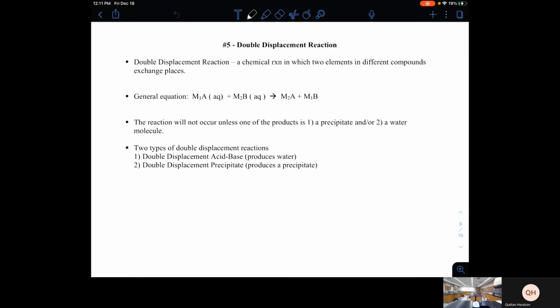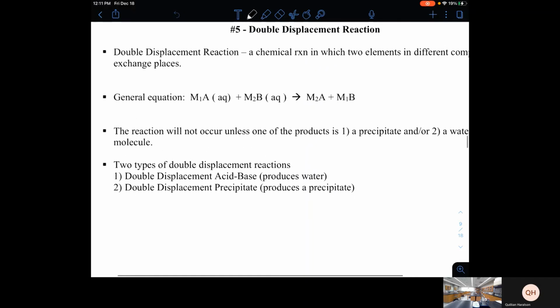If you look at it closely, what you'll notice is that we've got right here our couple of this metal attached to A, which is a non-metal. We got a different metal attached to B, which is going to be a non-metal as well. So really what we have here is two different ionic compounds.